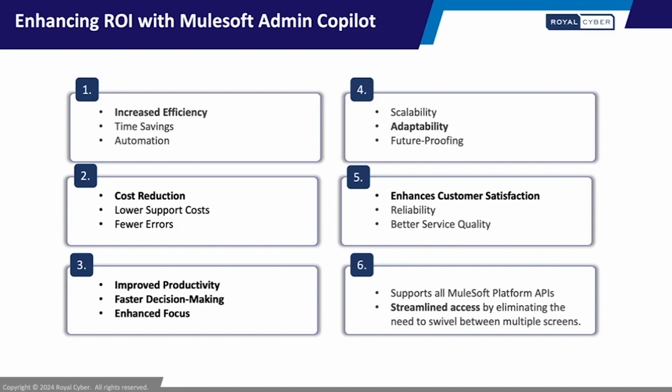It will automate your routine queries and tasks, freeing up resources for higher-value activities. Then it will reduce the need for extensive support staff by leveraging an AI-driven solution. It decreases the cost associated with manual errors and inefficiencies.